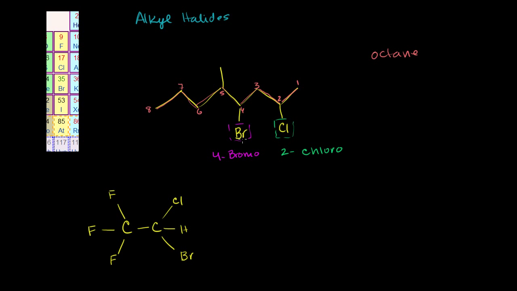But we're not done yet because we don't have just halides here. We don't just have these halogens over here. We also have a methyl group. We have one carbon sitting over here. So we don't want to forget that guy. So that right there is a 5-methyl. When we write it all out, we do it in alphabetical order. B takes precedence, so this will be 4-bromo.